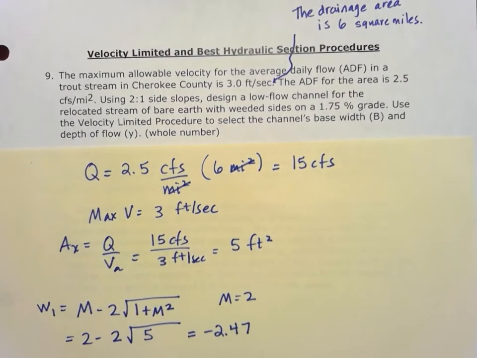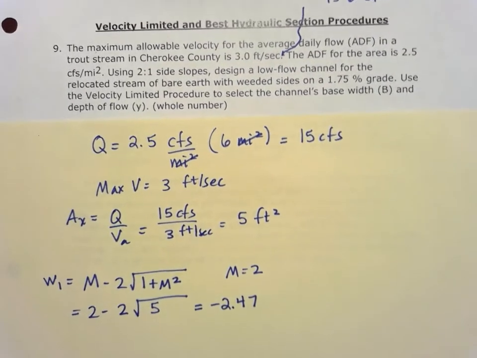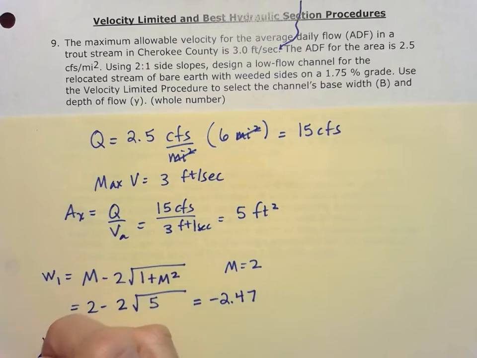And then we'll solve for W2, a little bit more complicated. For W2, we take that area and divide it by the allowable velocity times the Manning's n divided by the conversion factor, 1.486, square root of slope, all raised to the 3/2 power.